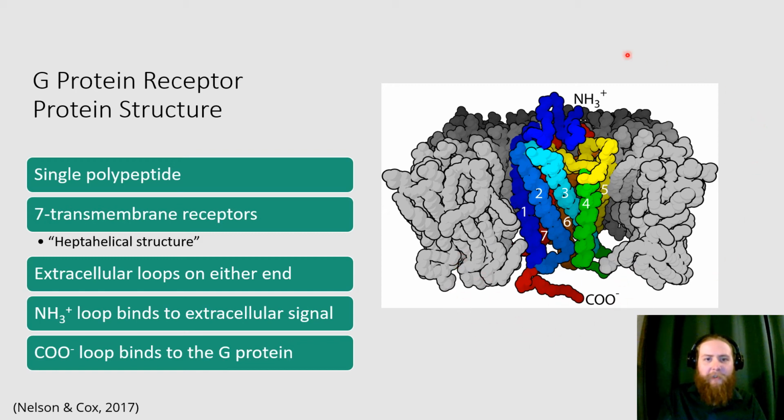So most times the signal will be originating from the external side of the cell. It'll be binding up here, and then the signal will be sent through this membrane to the internal side, where some effect will take place.